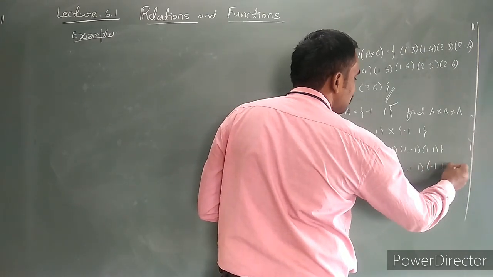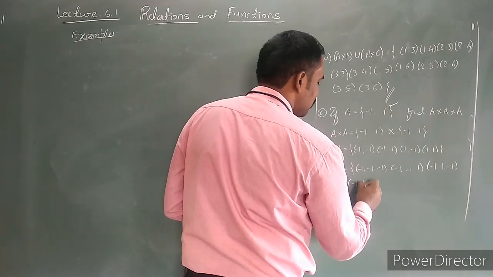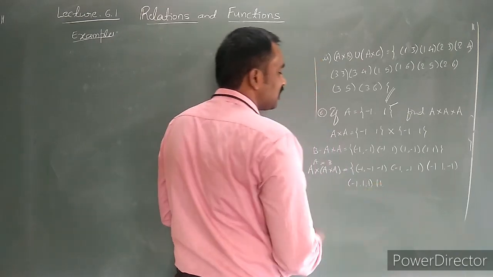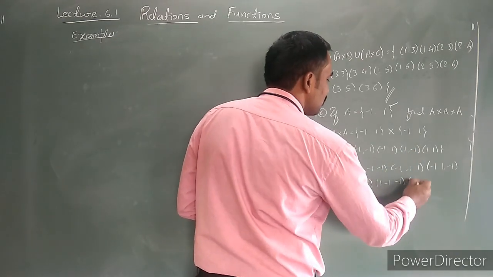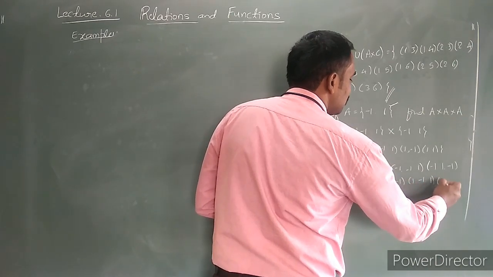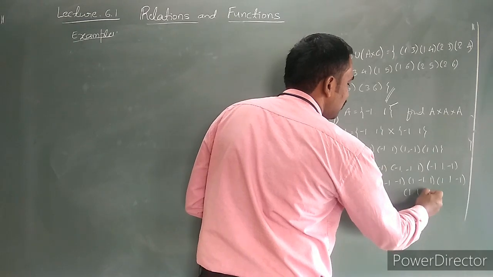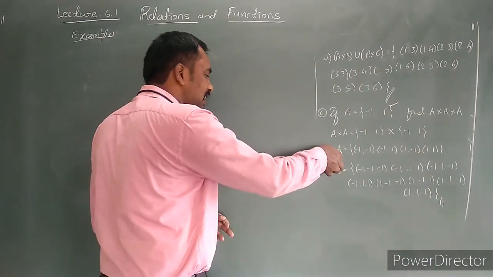Minus 1 as it is, (1,-1). Next, minus 1 as it is, last element (1,1). Now fix the 1 and write all the elements. What are those? (1,-1,-1), (1,-1,1), (1,1,-1), and last element (1,1,1). This is the required A cross A cross A.